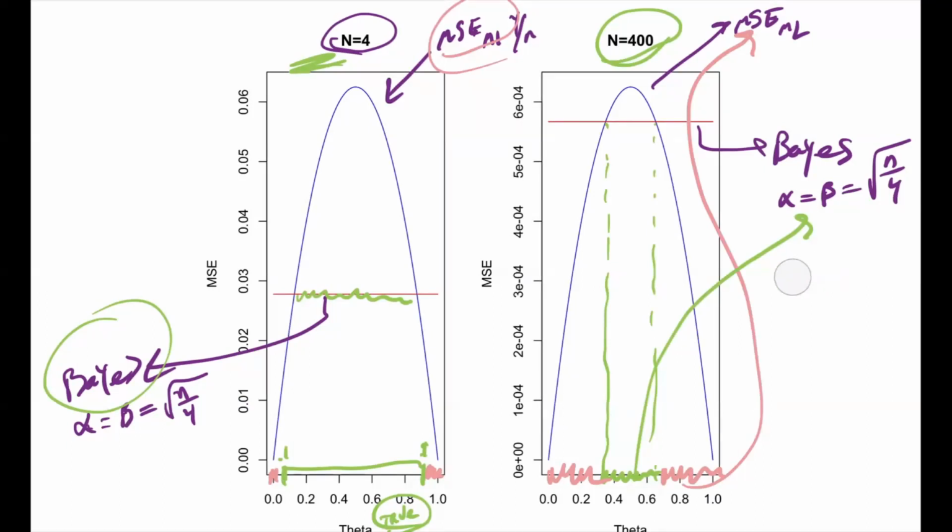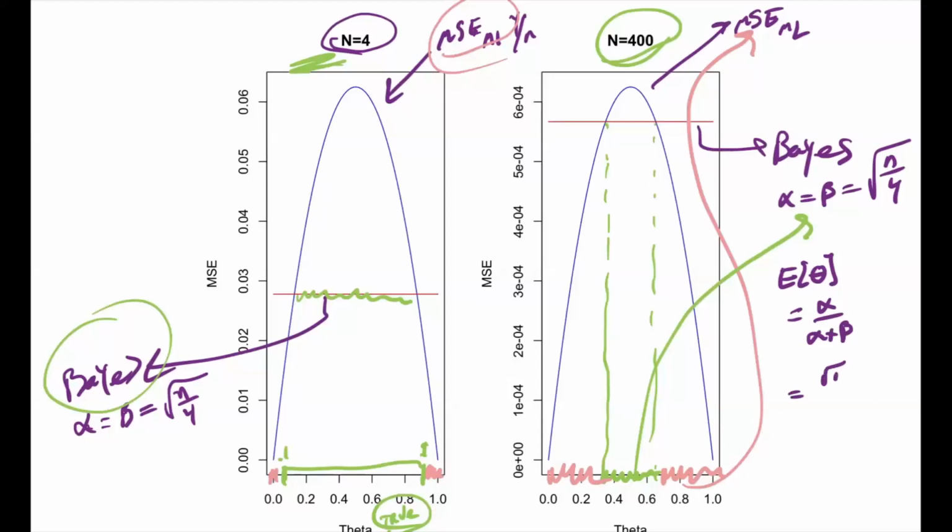And one thing to note is the expected value of theta. Actually, let me change the color so it makes it very clear. Under the Bayes estimator, the expected value of the proportion is alpha over alpha plus beta.